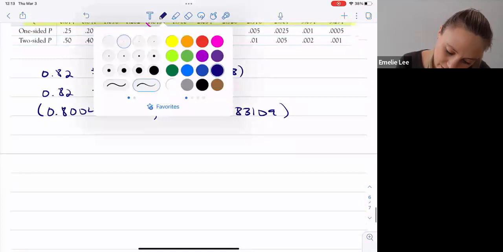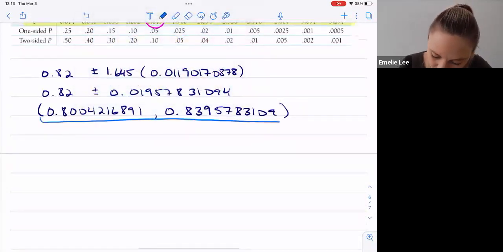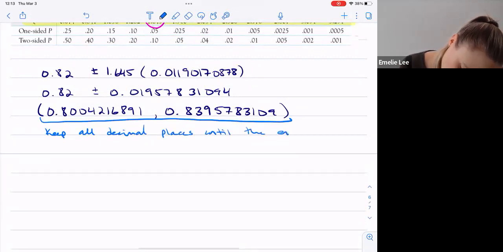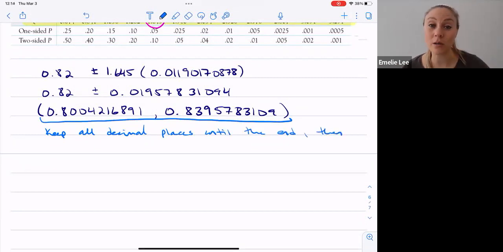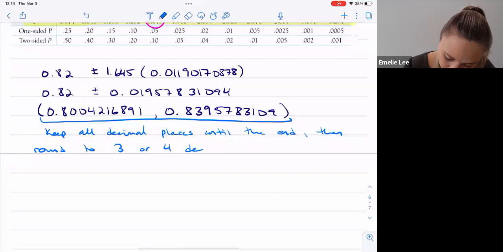So here, right, keep all your decimal places until the very end. Then round to 3 or 4 decimal places.